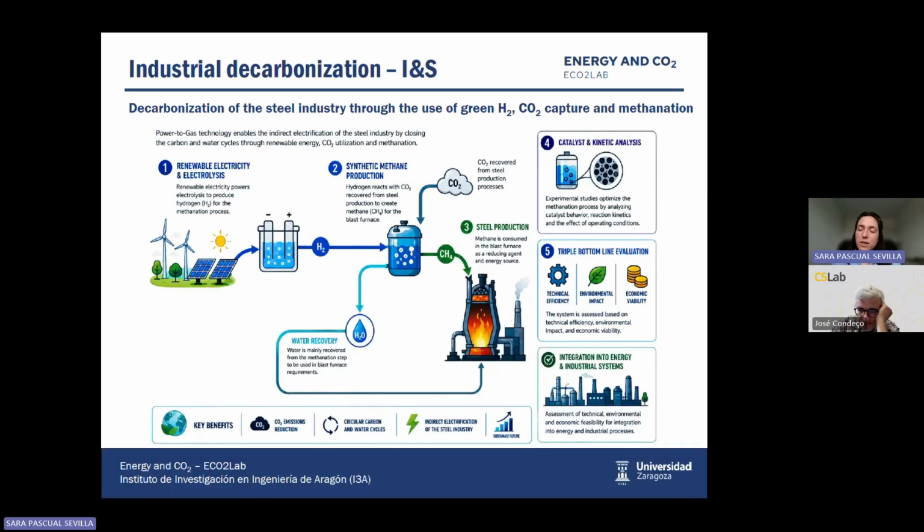I belong to these projects specifically in the steel production decarbonization, and I work in the experimental steps and also in the environmental assessment. For the previous simulations and for the techno-economic assessment, other colleagues of the research group have more information than me.